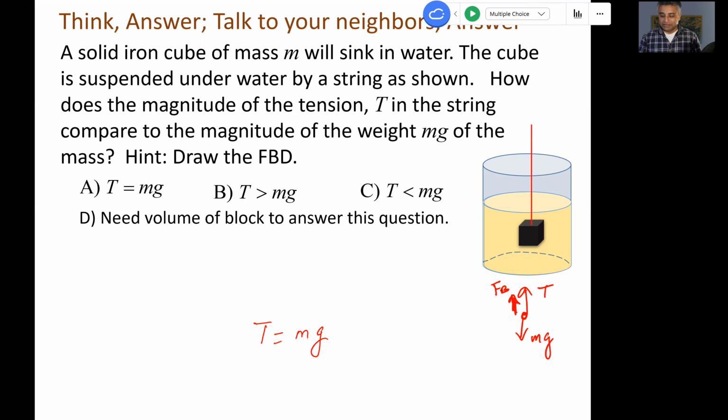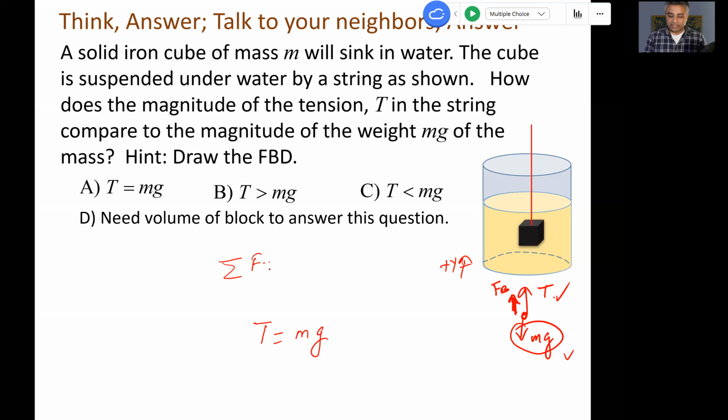So now, what's happening? Weight is balanced by these two forces, so weight must be larger than tension, or tension must be smaller than mg. Or you can write an equation. Since this thing is in equilibrium, let's say T up is positive.